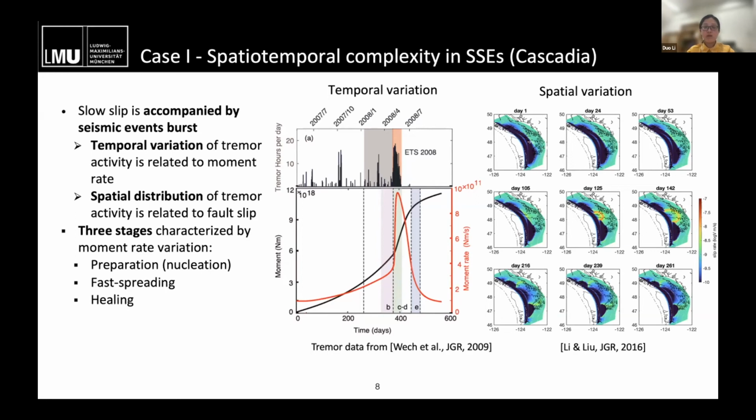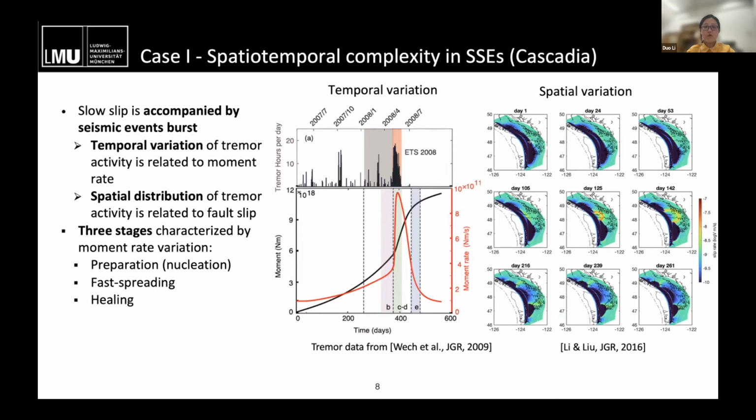And we also get the tremor activity catalog from Wech et al. 2009. We found that at the onset of an increase of moment rate, there is a sudden increase of the activity of non-volcanic tremor.